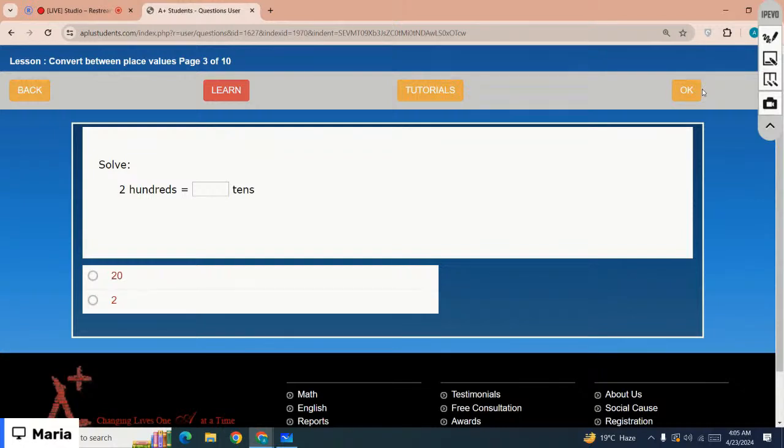2 hundreds equal how many tens? 20 tens. The correct option is 20. Very good.